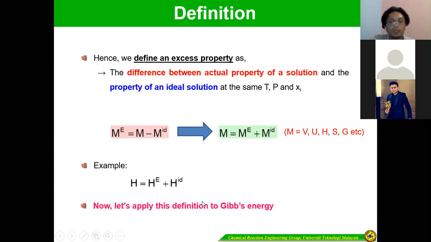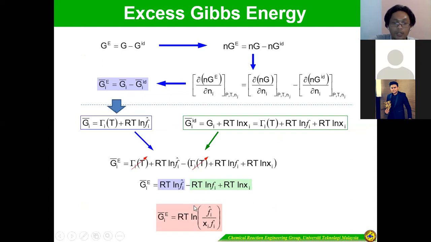Now let's apply this definition to the Gibbs energy. What is the relationship for the Gibbs energy? Previously, the residual Gibbs energy is related to the fugacity coefficient. The partial residual Gibbs energy is the definition for the fugacity coefficient.